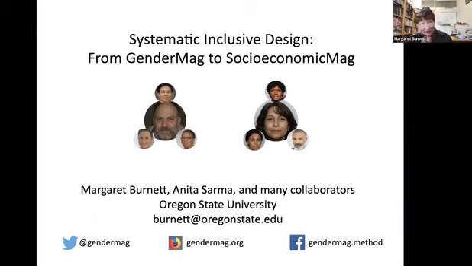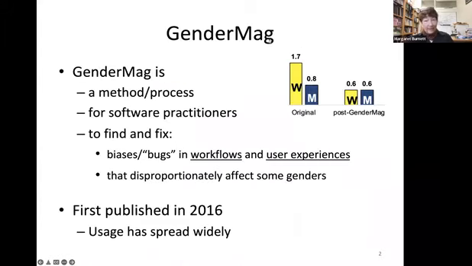And the first child of SocioeconomicMag was GenderMag. So what I'm going to do today is just do a very brief review of what GenderMag is for those who haven't heard about it before. And then I'm going to talk about our new emerging SocioeconomicMag, which so far we haven't published anything on. So you're getting very hot off the press kind of information today.